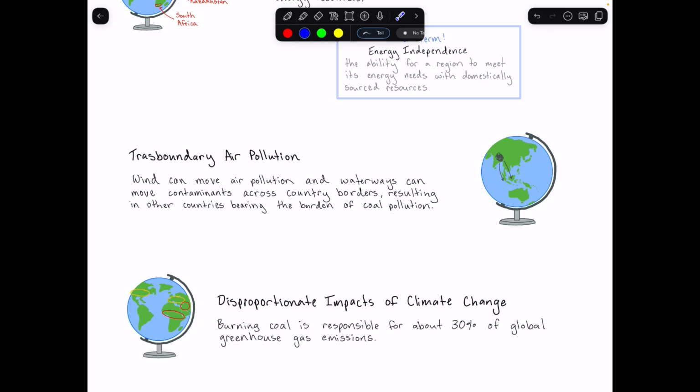But Europe and North America are projected to be less impacted by climate change. Keyword less here. Less impacted in comparison to regions such as Sub-Saharan Africa, the Middle East, Southeast Asia, and island nations. And in relation, these regions have contributed less to greenhouse gas emissions over the past century in comparison to North America and Europe.